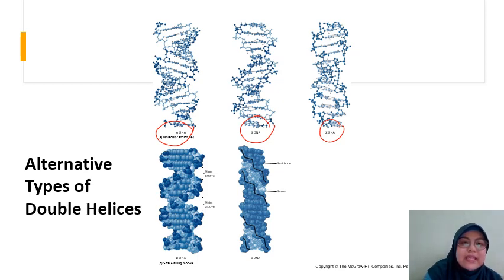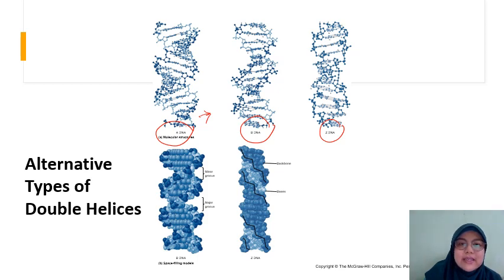So in terms of A-DNA, it's right-handed, with 11 base pairs per turn, and it occurs under conditions of low humidity.